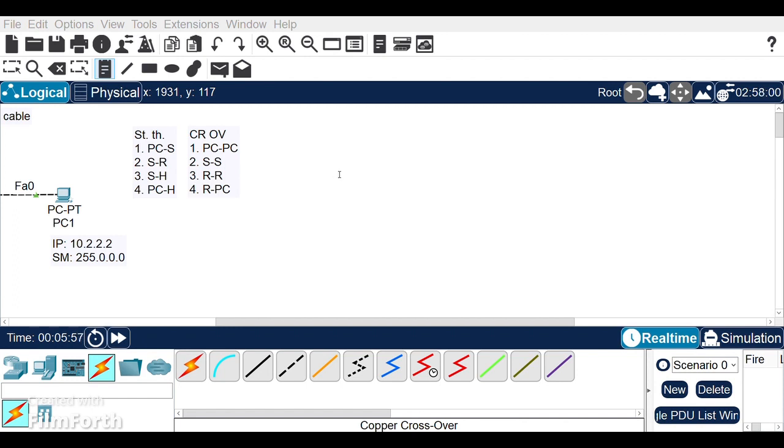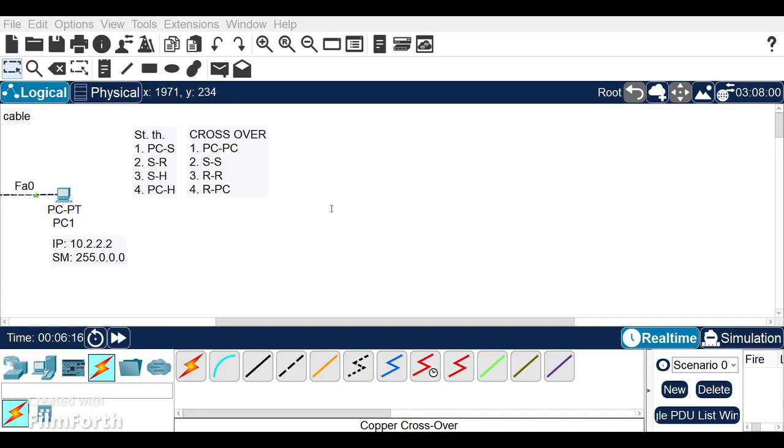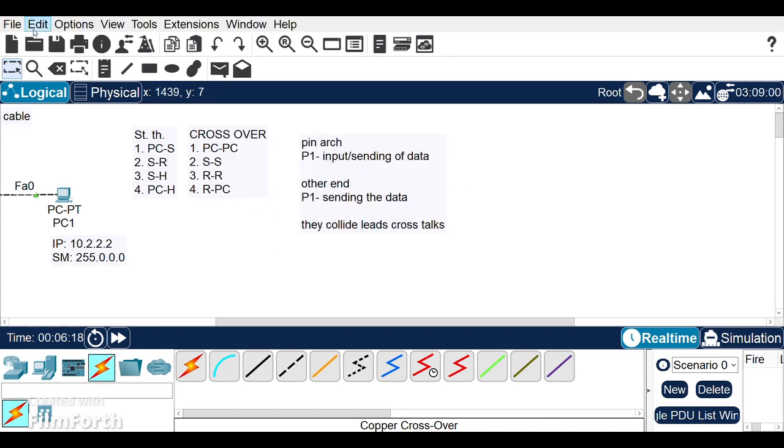To avoid this, for devices with the same pin structure, the crossover cable is used. And when there are different devices, then we can use the straight through cable. For the straight through cable, the pin structure is the same at both ends. How is the crossover cable different?